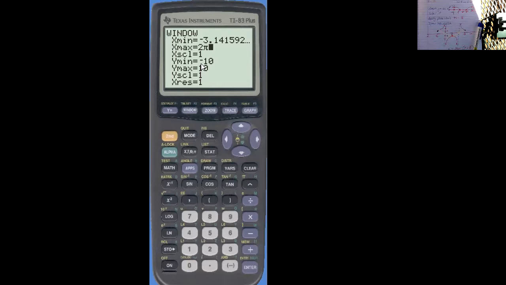And our amplitude was 2, and here we have 5. Let's make this 5. Make it negative, making sure it's a negative, not a minus. Negative 5 to positive 5. And then we hit graph, and hopefully we get a secant graph.